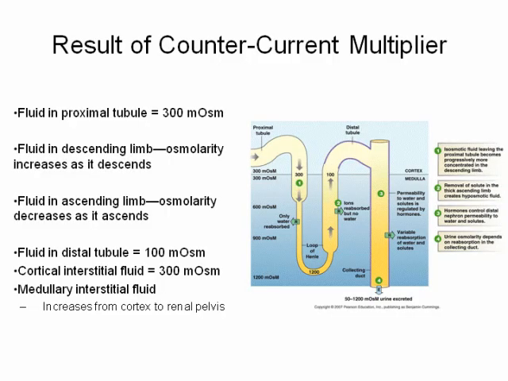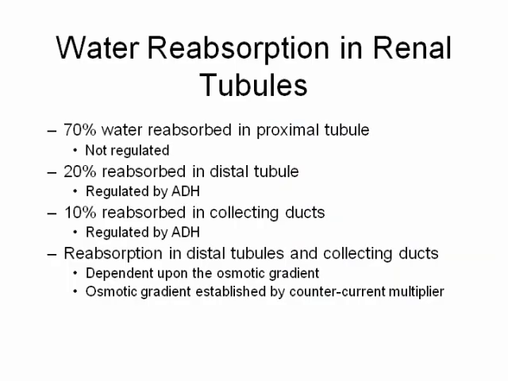So the water reabsorption going on all through here is regulated by ADH. Now the reabsorption that's occurring is still dependent upon an osmotic gradient, and the osmotic gradient was established by the countercurrent multiplier.